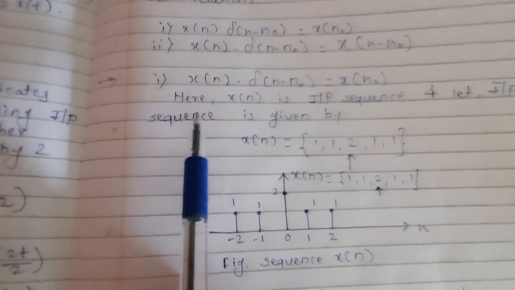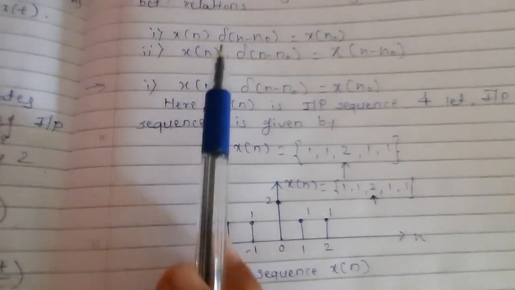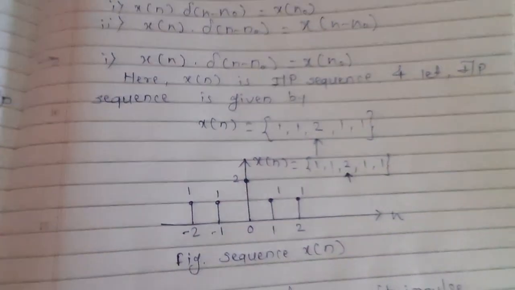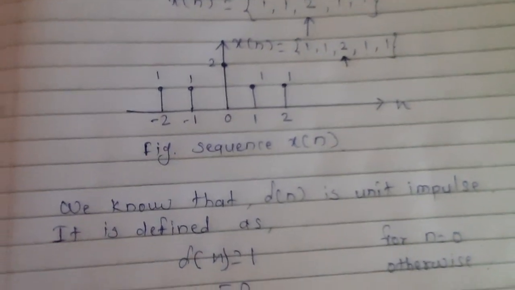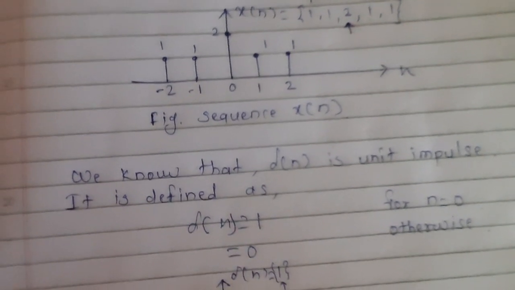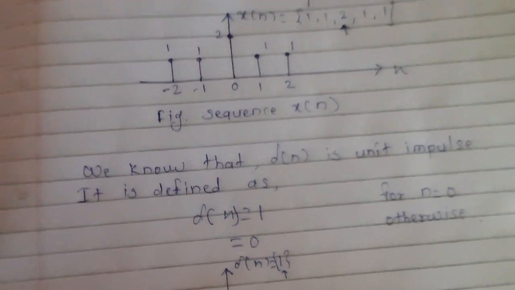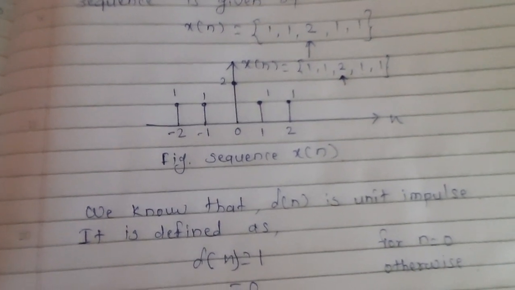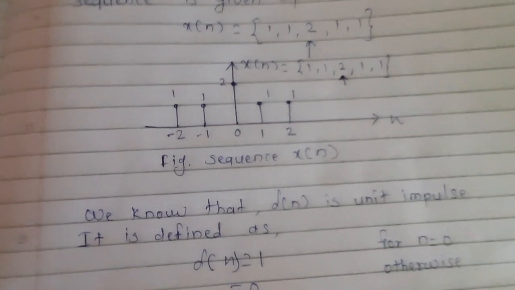Now we have to draw delta n minus n0. So delta n minus n0 means what? It means there is a delay of delta n by n0 points. So we will represent this equation also.